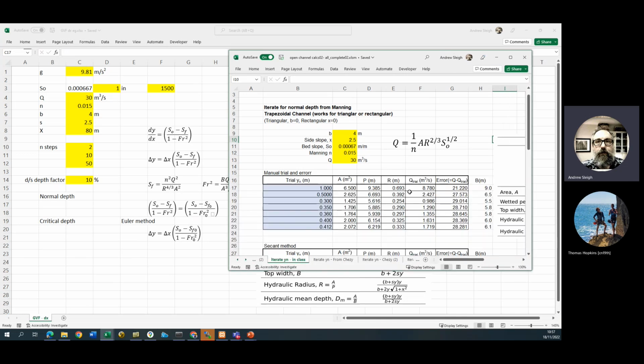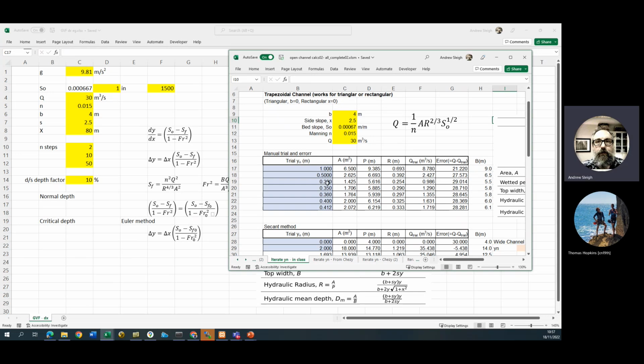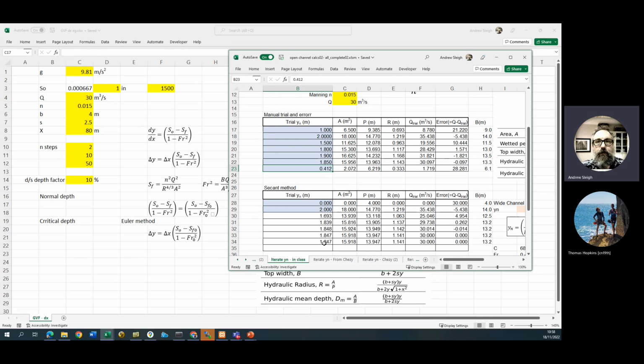This iterates either by a trial and error method, or we can change the trial and error method to... so it should be higher, 1.8. Let's look at 1.85, that's good there, and actually the secant method just did that straight away, so no need to do the trial method.